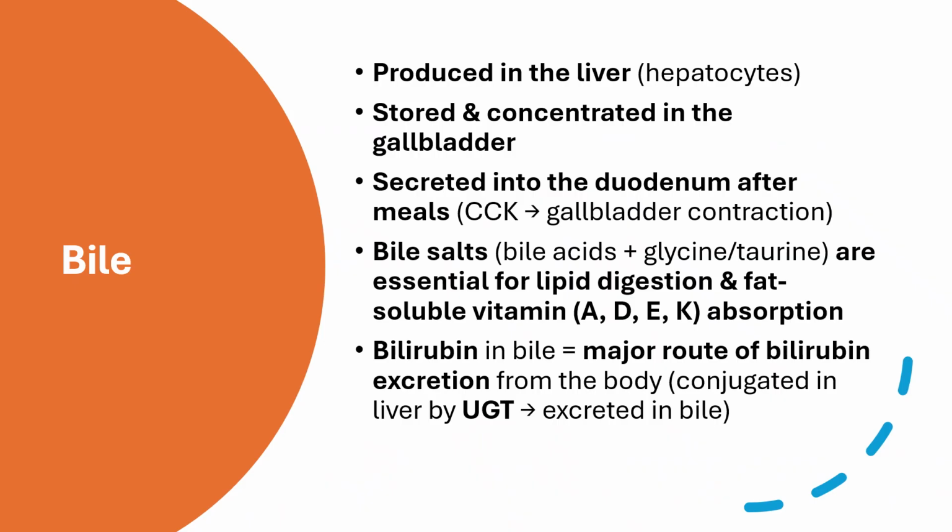Okay, so bile. Bile is basically produced in the liver by hepatocytes, stored and concentrated in the gallbladder, and excreted into the duodenum after meals, via cholecystokinin and gallbladder contraction.